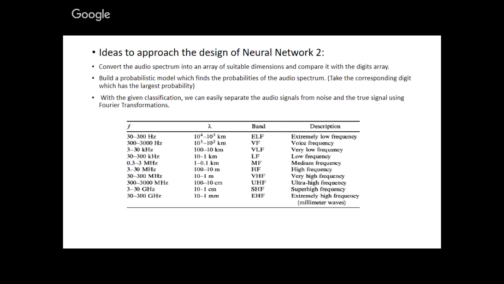It tells you which frequency lies with which type of sound. For example, 30 to 300 hertz is extremely low frequency, and so on. If there is a huge disturbance or distortion, we can easily separate the audio signals from noise using this.